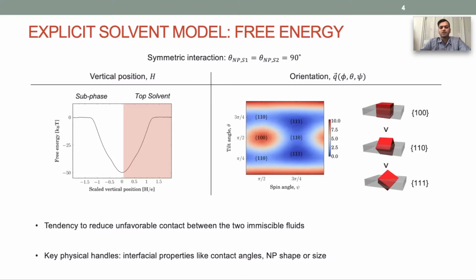And based on this fundamental principle, we can come up with physical handles that can be used to directly influence the vertical position and orientation behavior in experiments. As an example, increasing the contact angle between the 2 immiscible fluids leads to an increase in energy of contact between them. This in turn leads to deepening of the free energy wells, leading to stronger vertical position and orientation biases.